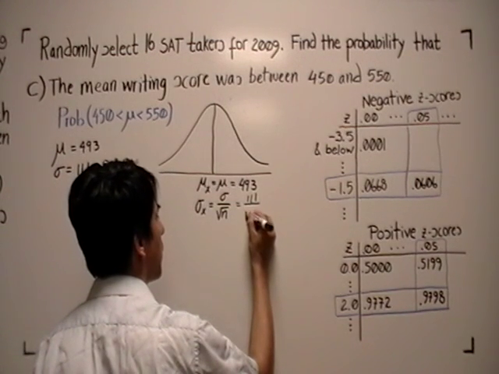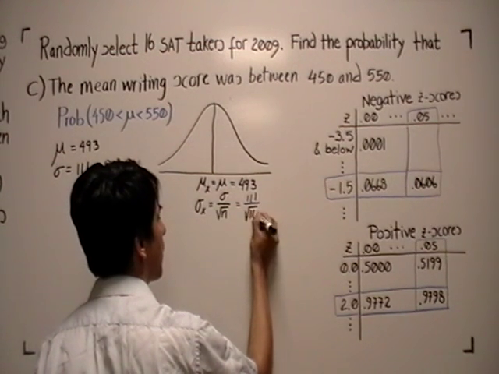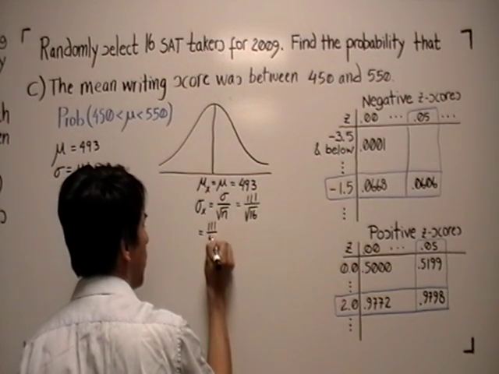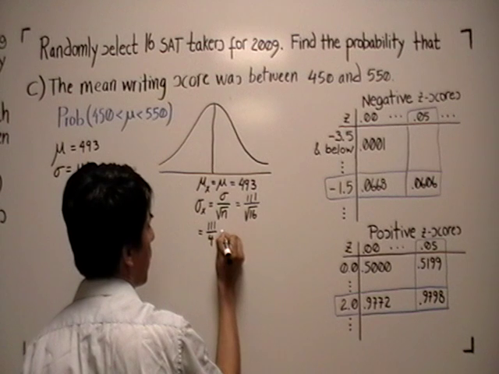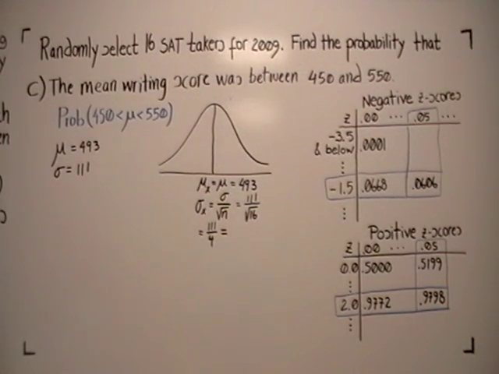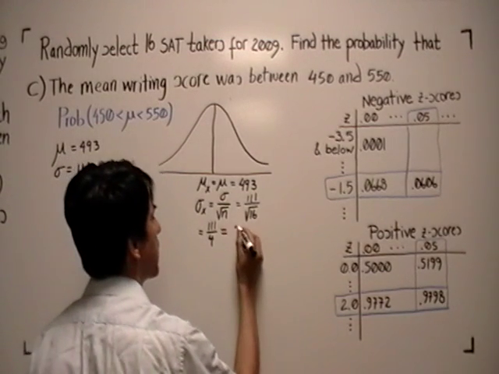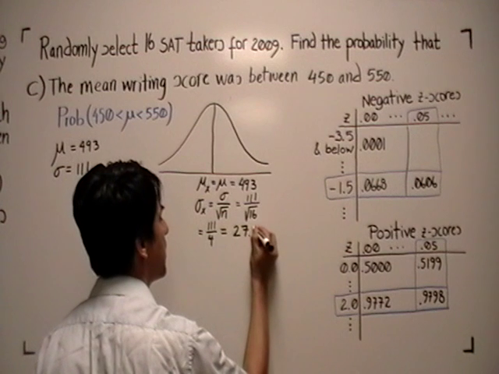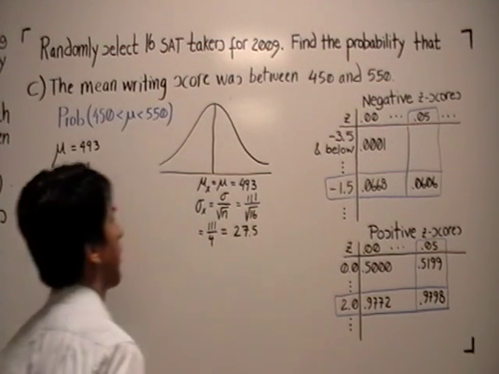So you get 111 over square root of 16. That's the same as 111 over 4. When you perform this calculation, you obtain 27.5. So the standard deviation of our distribution of means is 27.5.